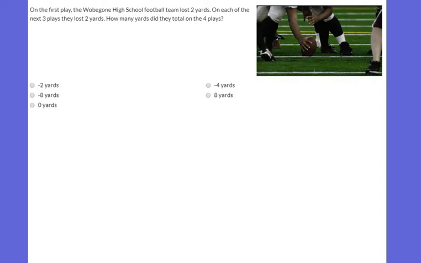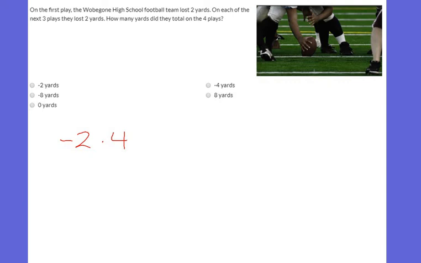Each time they lost 2 yards, so loss is known as a negative, so negative 2 times 4. That's 1 negative number, so you would see it written like negative 2 times 4.